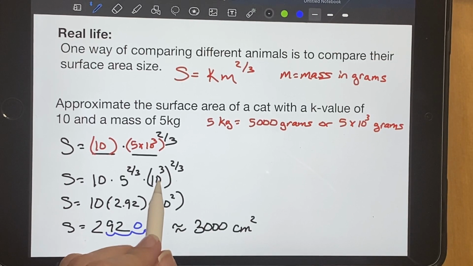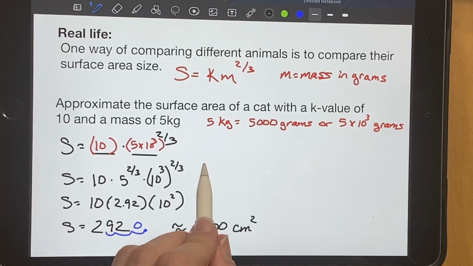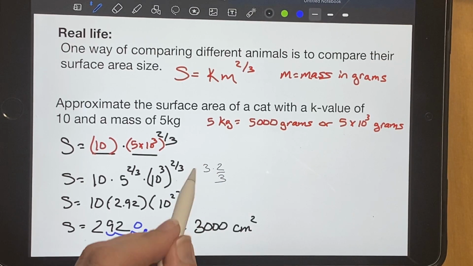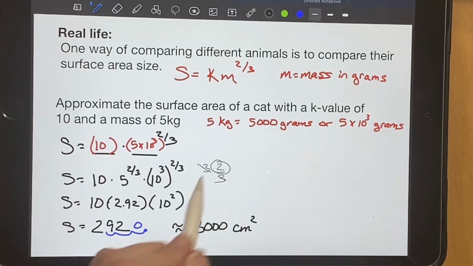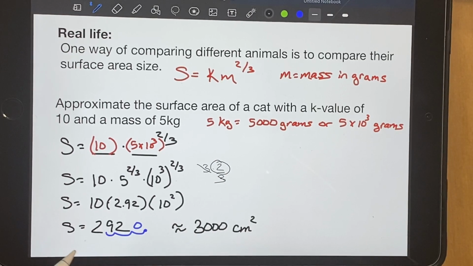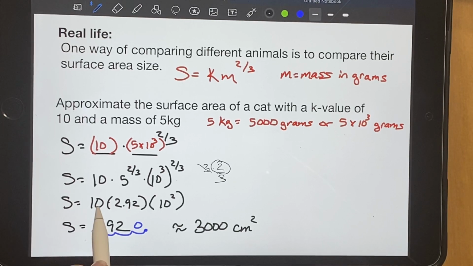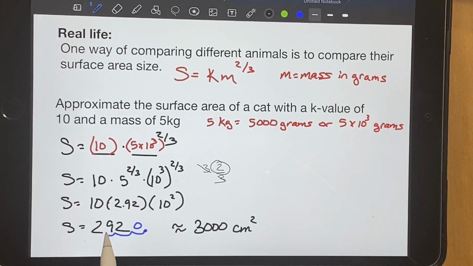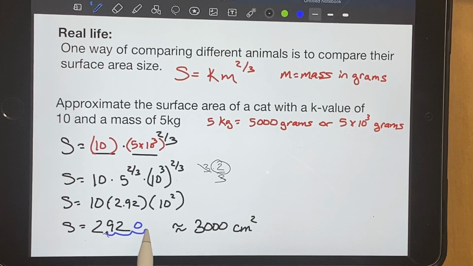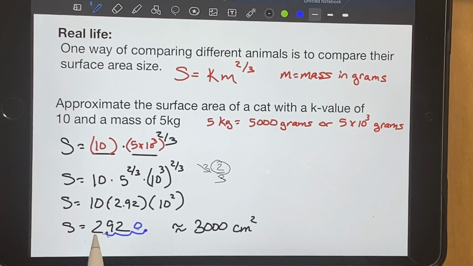And I have 10 to the third times 2/3, so 3 times 2/3 gives me just 10 squared. So now I have 2.92 with 3 zeros. I'm just going to move my decimal 3 places, 1, 2, 3, and add a 0, and I have 2,920. So approximately 3,000 centimeters squared on that one.